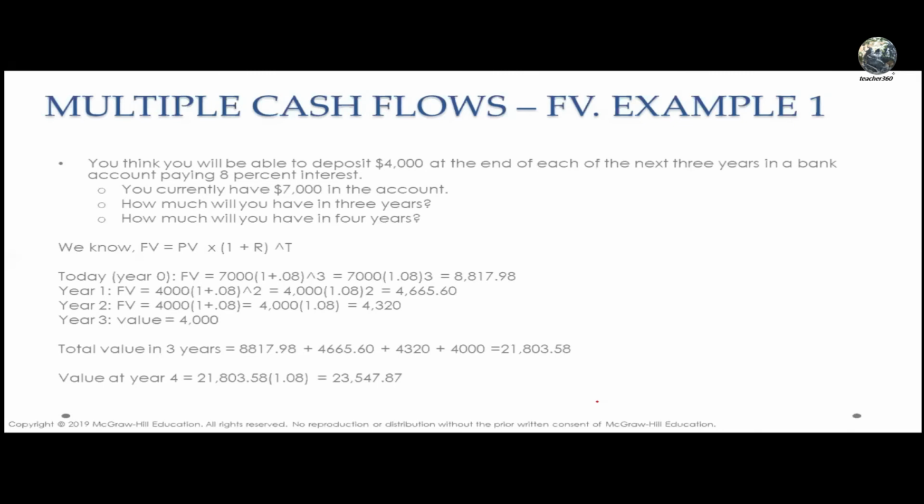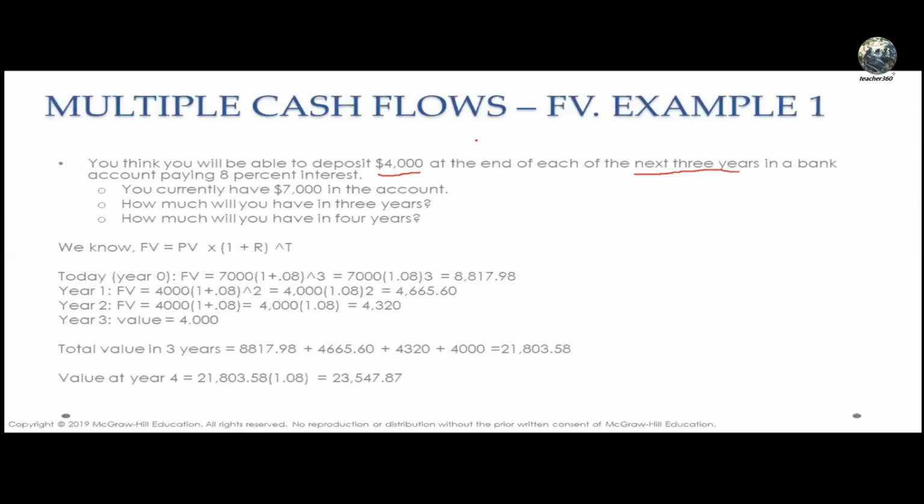To give you broader idea of multiple cash flows calculation, here we have displayed an example. So according to the example, you will be able to deposit $4,000 at the end of the next 3 years. That means in every year you will deposit 4,000.